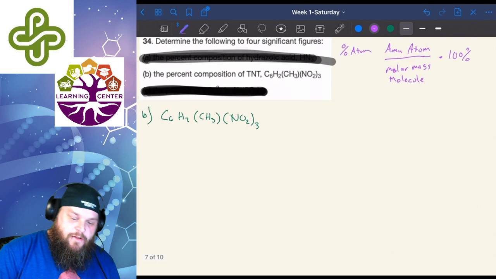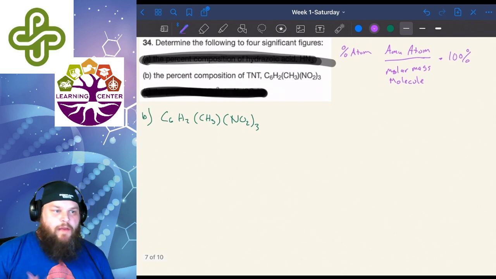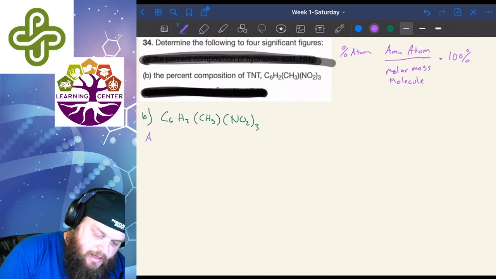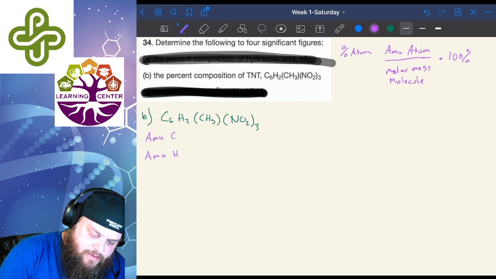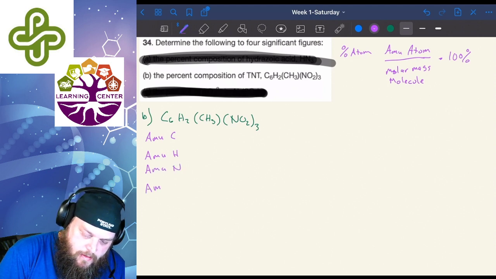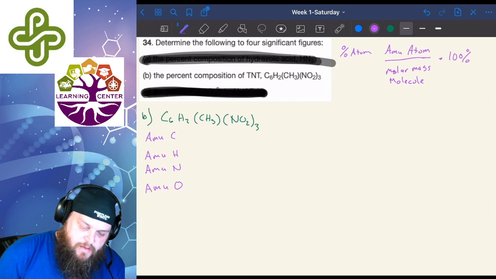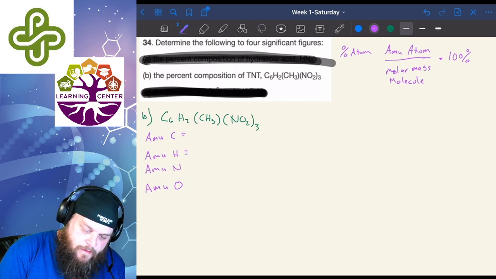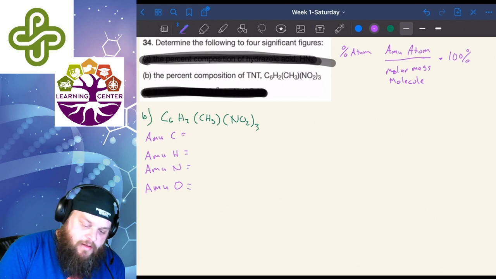So to do that, first we have to find the AMU of every atom in this. So again, AMU of carbon, AMU of hydrogen, AMU of nitrogen, and AMU of oxygen. These are all values. Again, look them up on your periodic table.